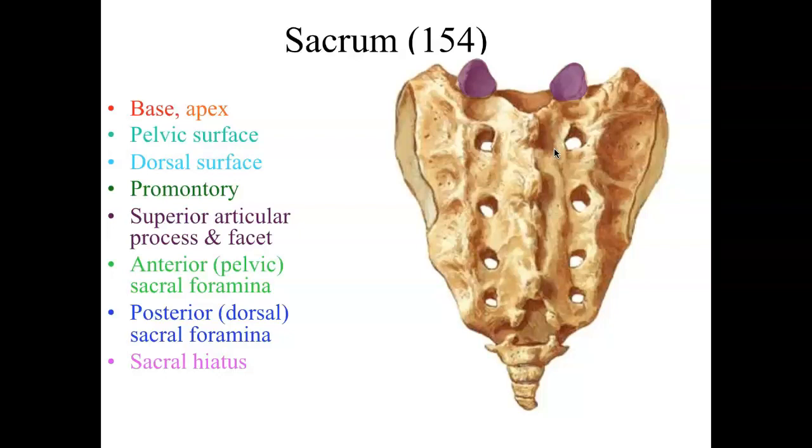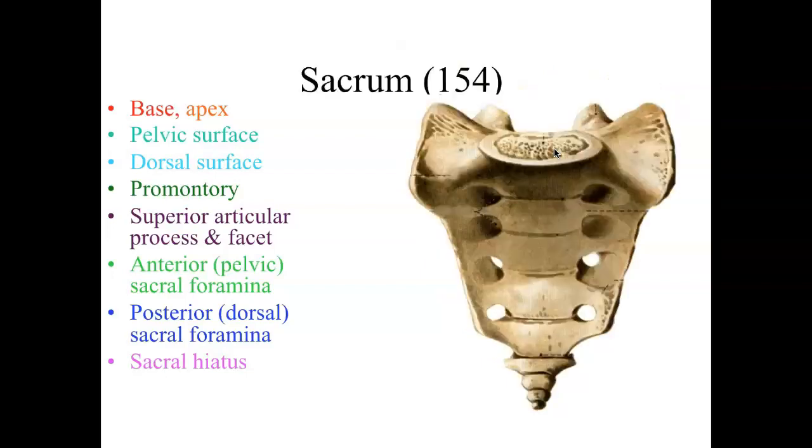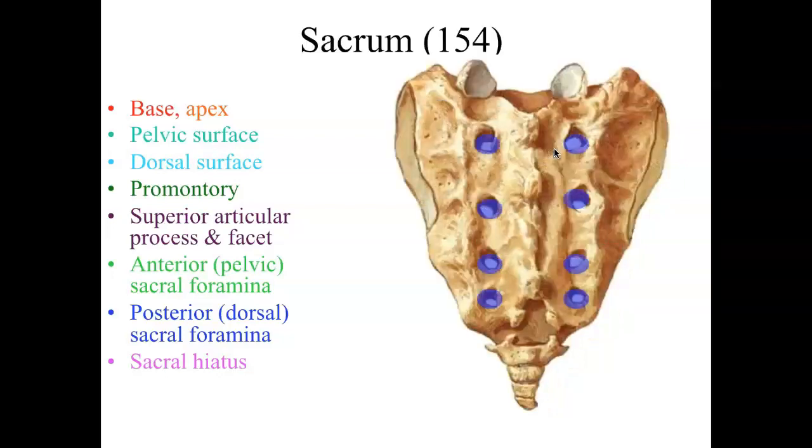Now, our next two terms, you might notice the word foramina in there. And if you remember the word foramina, that means many holes. So on our anterior view, we have anterior or pelvic sacral foramina, and on the back, we have posterior or dorsal sacral foramina. And every quarter that I teach this, someone always asks, well, how come we have two different names when it's one whole?